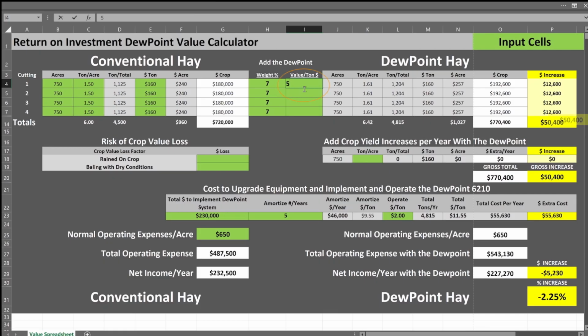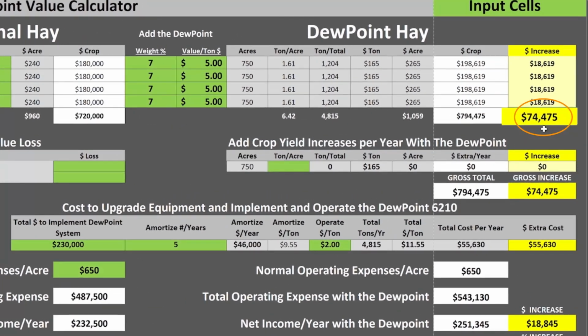And so we're going to go very conservative on this one as well, and just do $5 a ton, which means now instead of getting $160 per ton, we're going to get $165 a ton. And where our bottom line increase here before was only about $50,000, we've added an additional $25,000 to it, and now we're about to $74,000 of gross increase.